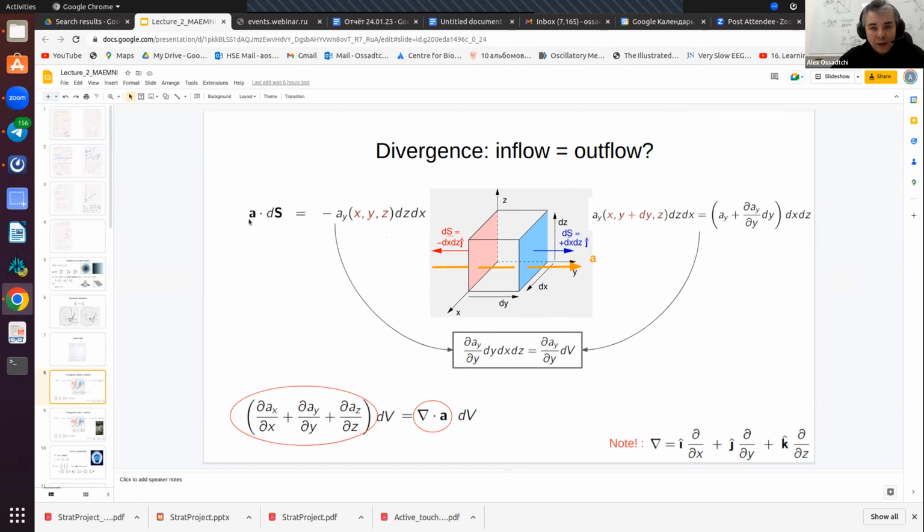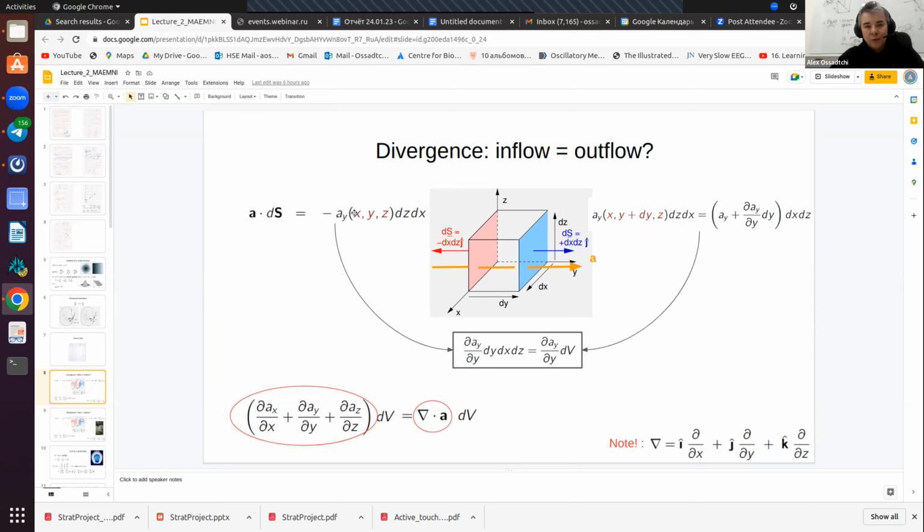So now let's see how much water is coming in through this face. The face normal is negative with respect to the field direction, so we will have minus Ay, which is the component of A along the y direction at this point x, y, z, multiplied by dz and dx.